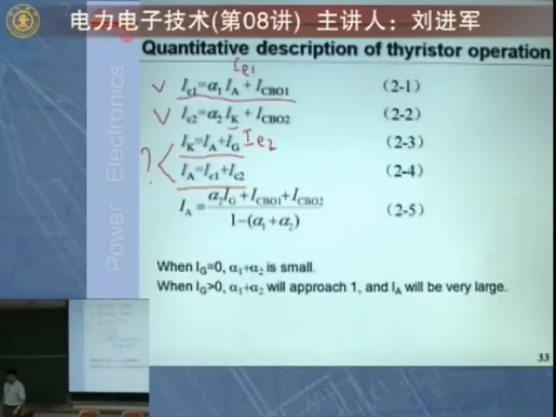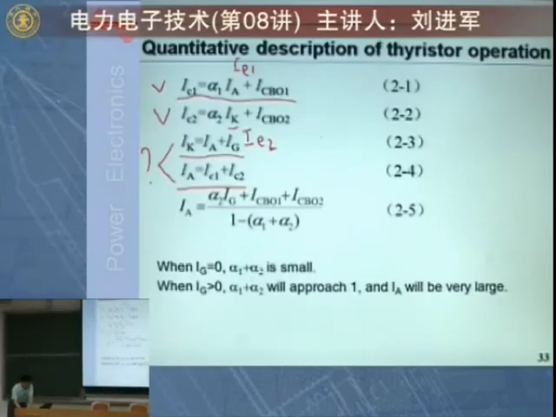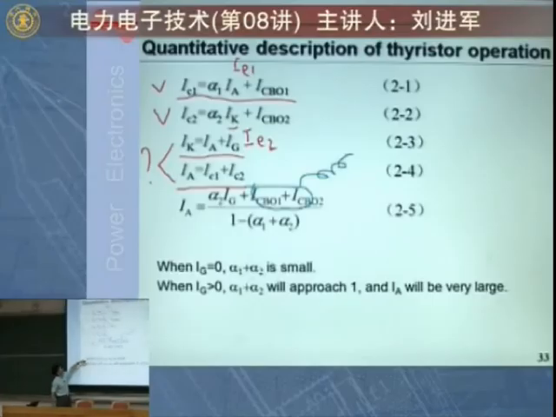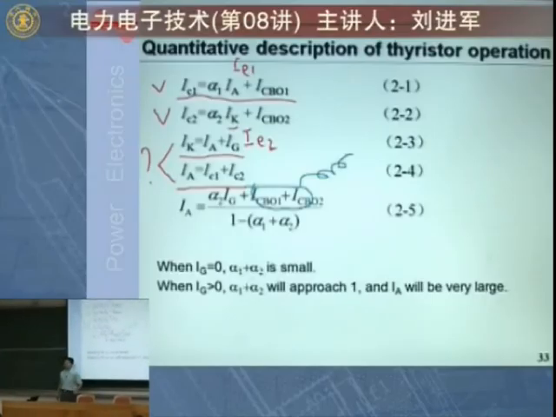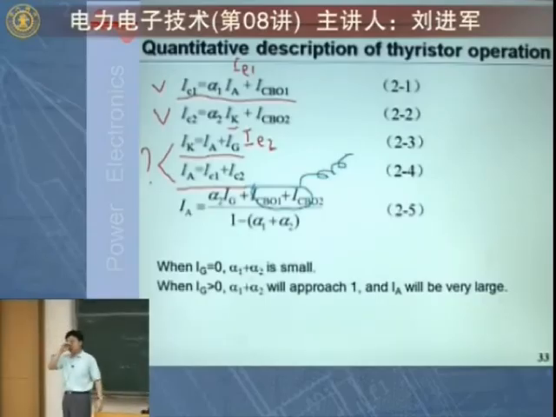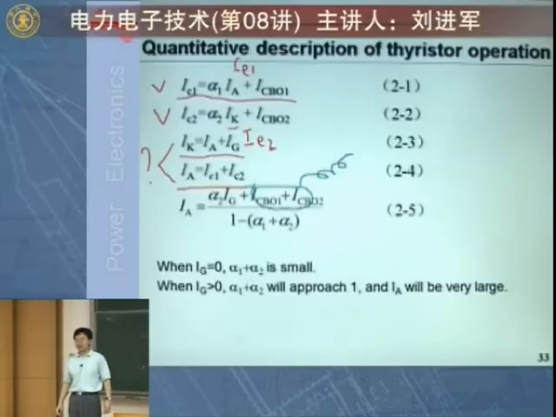If we neglect these two parts, because those currents are usually very small, then the current flowing through this thyristor can be represented by IG and alpha, the transfer coefficient or transport coefficient of those two transistors.